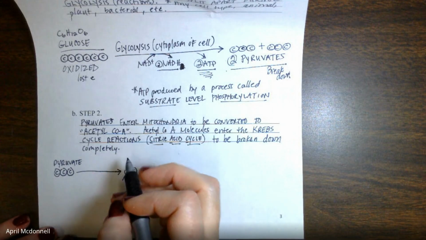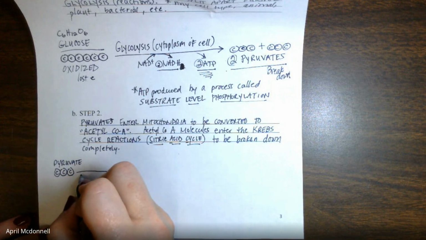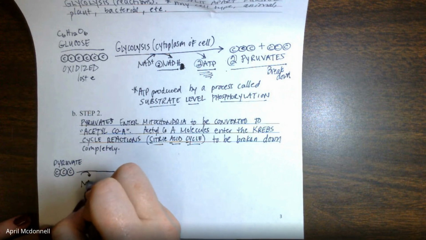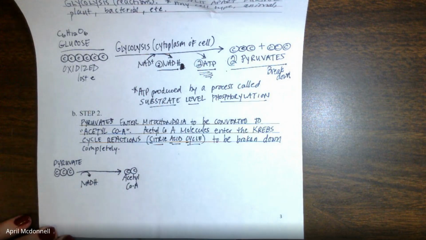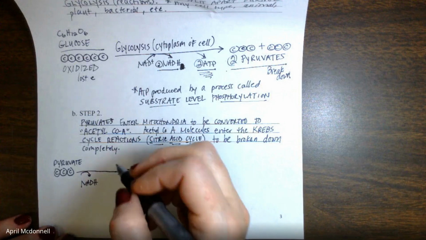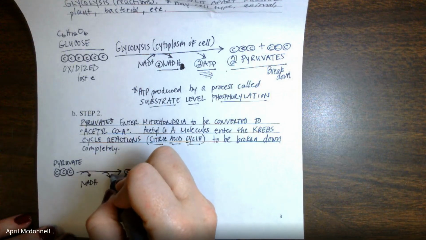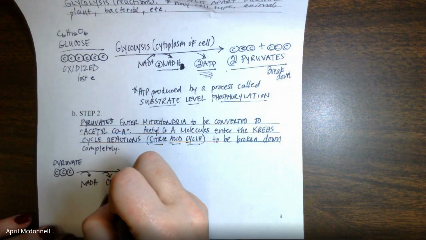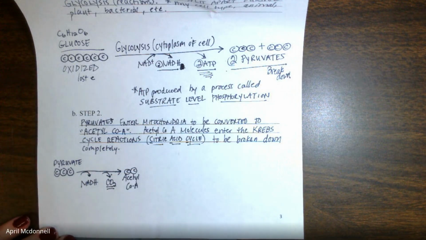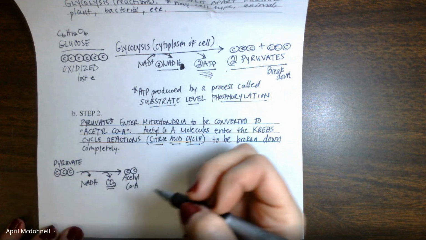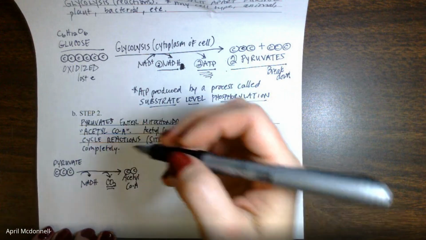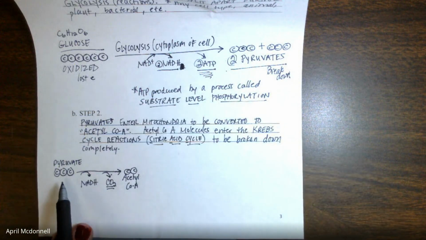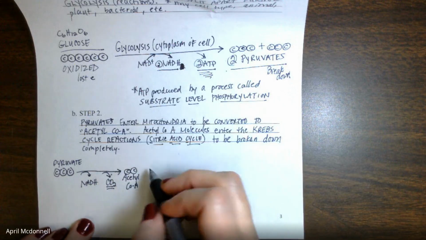During this conversion, one of our electron carrier molecules is going to be working. And we also produce carbon dioxide. This reaction is happening in the mitochondria.